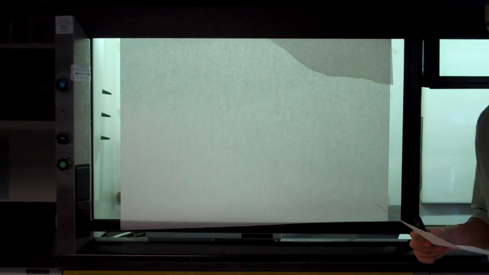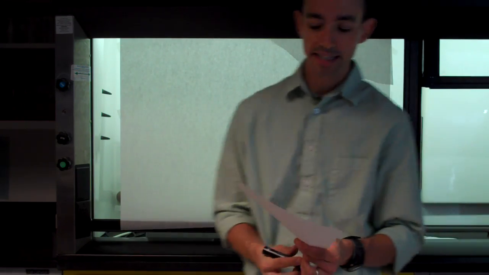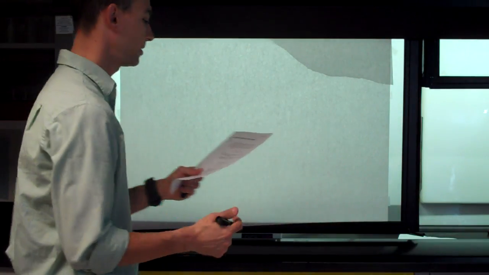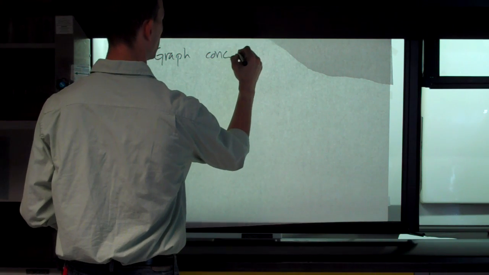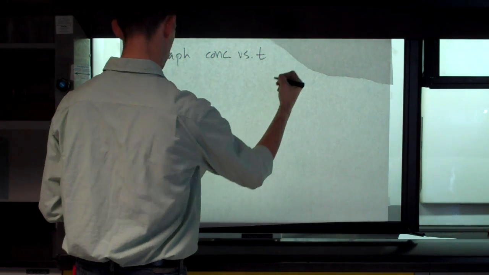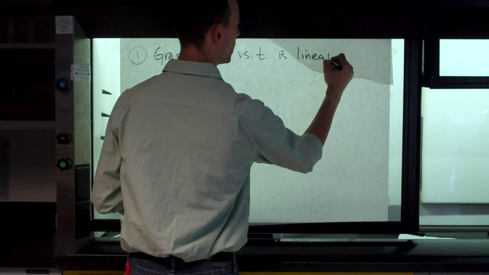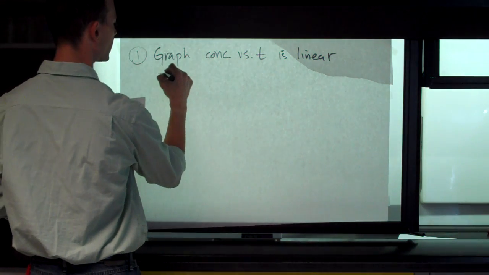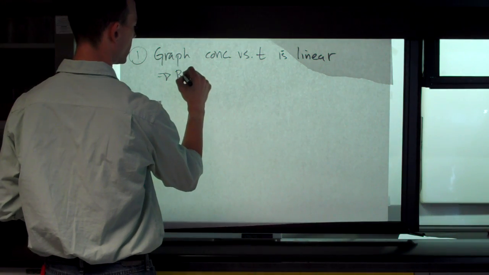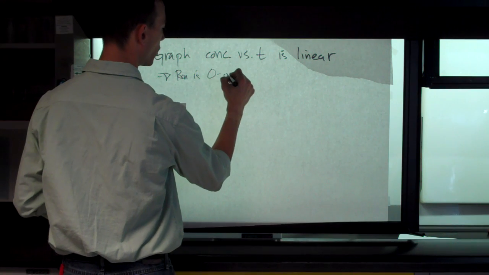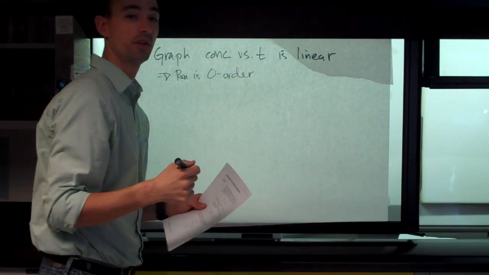So the first pre-lab question says that after collecting your concentration and time data, a graph of that data is linear. This implies that this reaction is zero order. That's what you should be thinking.